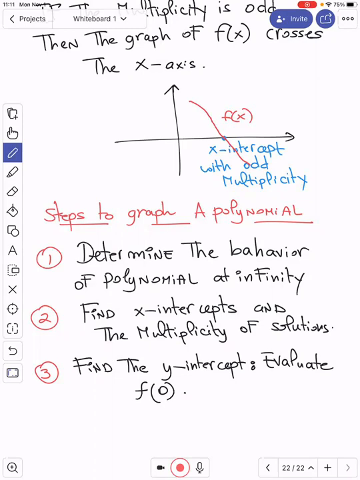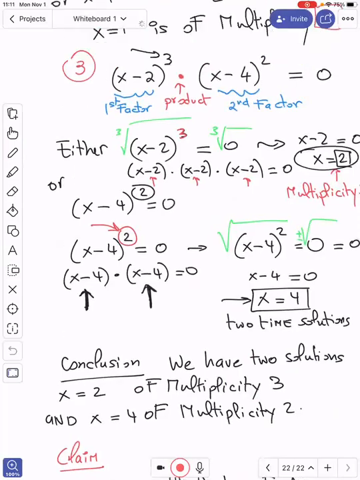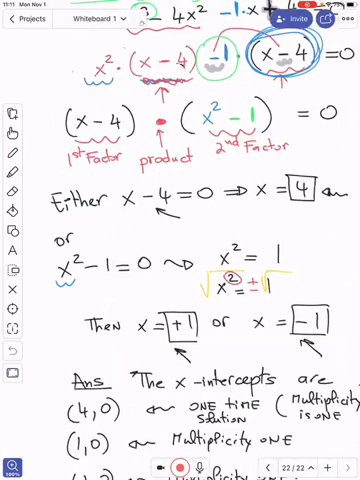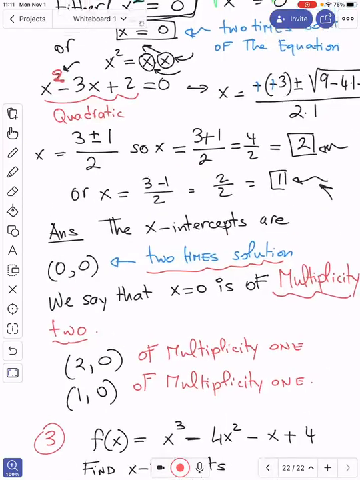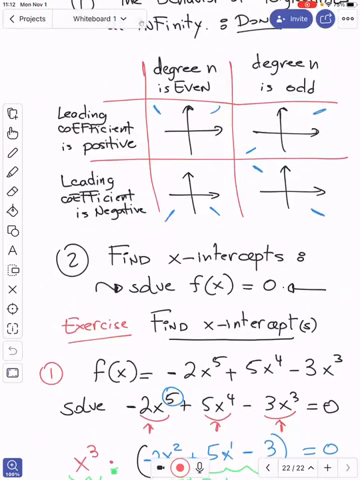The first step, Saul, the behavior at infinity. Yeah, I'm going to do an example now. But that's what we discussed on Wednesday last week. I don't know if you attended the lecture last week. The table we had in the beginning of the lecture with the 4 different cases, this one here.